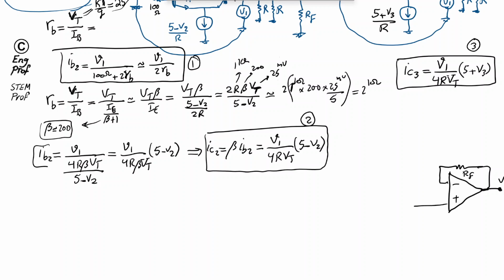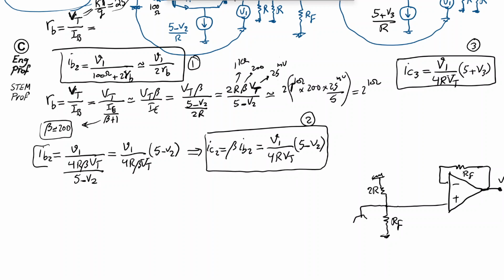The positive terminal is connected to resistor RF. And also on the other side, we have the connection to resistor 2R, AC grounded, in lieu of the 10 volt fix. And then we have this AC current that has two contributions for IC2.